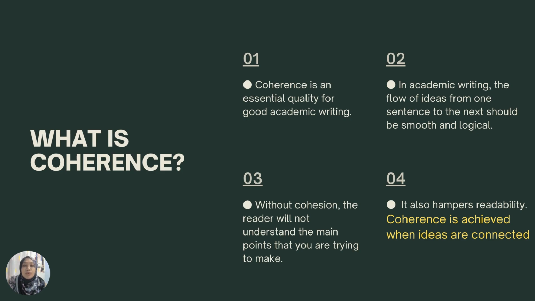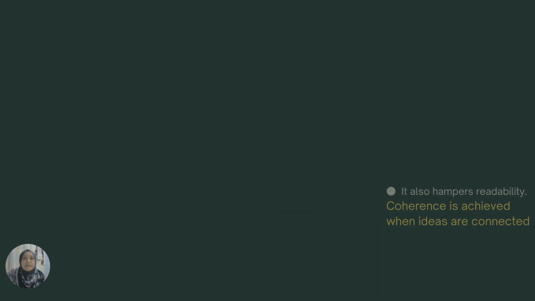It's going to be very smooth and logical, meaning that the first sentence and the second sentence should be smooth. All right, the transition is going to be smooth, and your readers can understand what is going on in the first sentence and also in the second sentence.